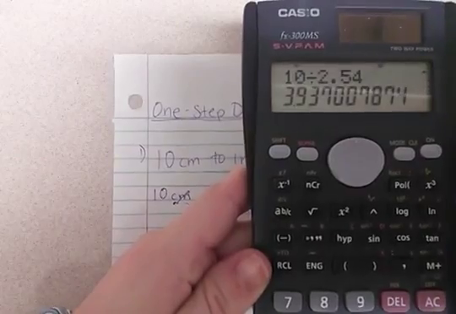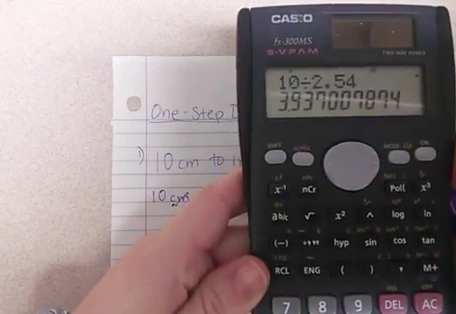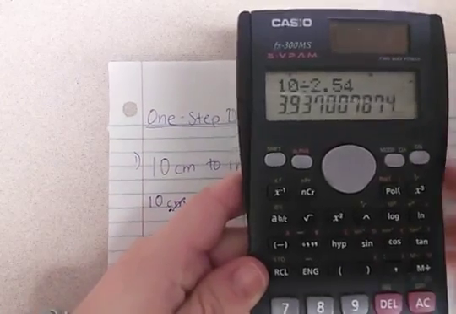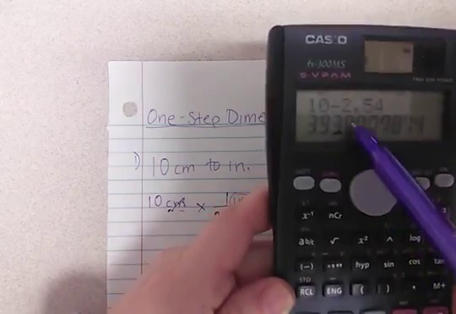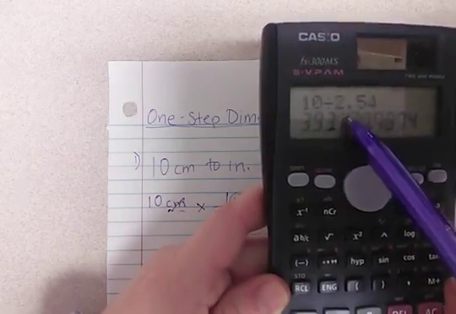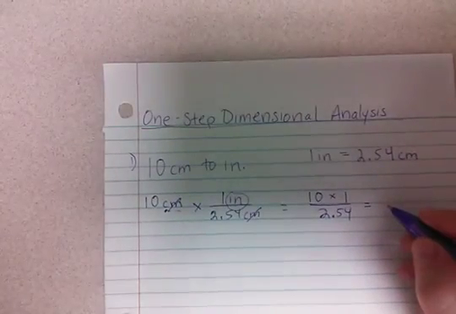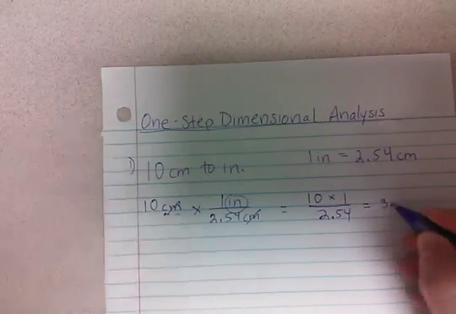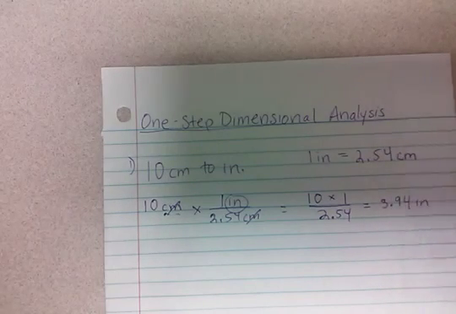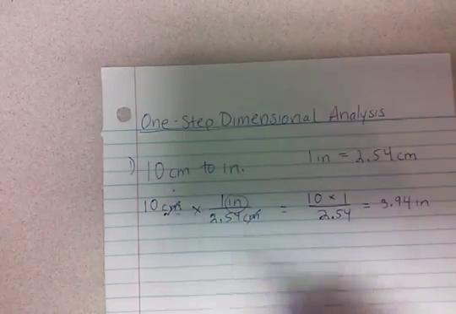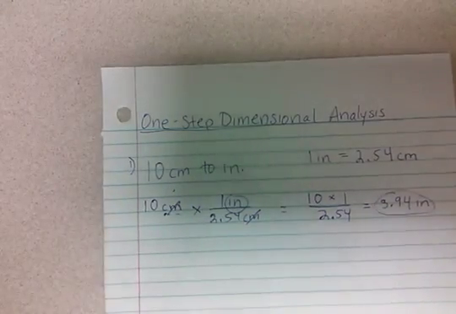And you get 3.937, etc. I am going to round this to 3.94. I'm going to round this 3 up to a 4 because the number that comes after it, 7, is above 5. So 10 centimeters is the same as 3.94 inches.